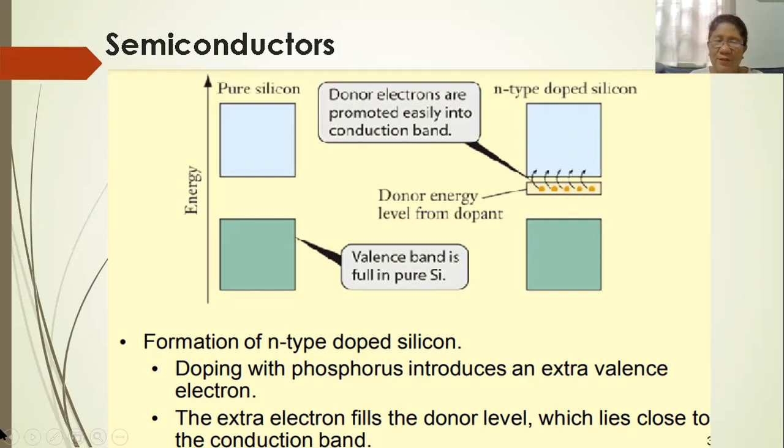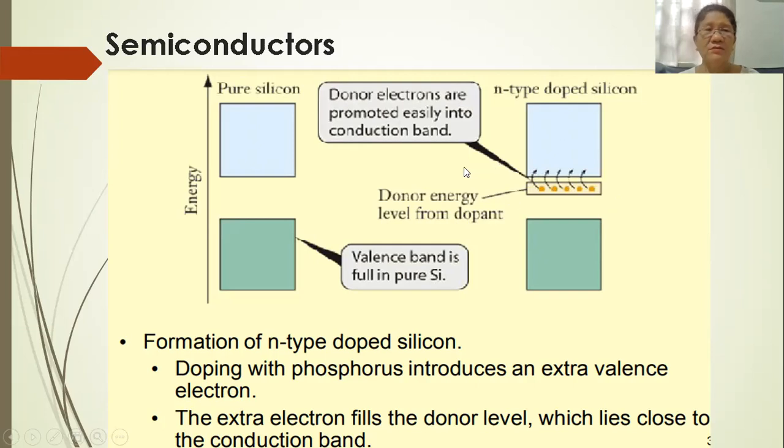So, doping with phosphorus, we add phosphorus and introduce an extra valence electron. What happened? The extra electron fills the donor level, which lies closer to the conduction band. This is the conduction band.